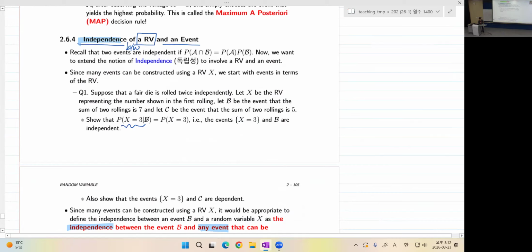So what we are going to do is choose some Borel set B and consider this event.